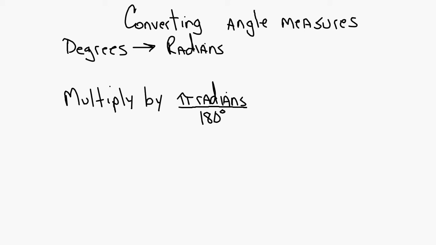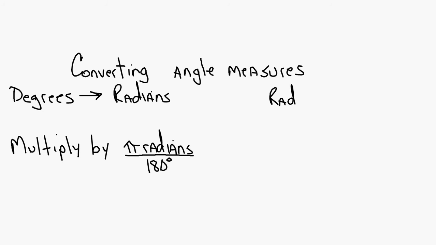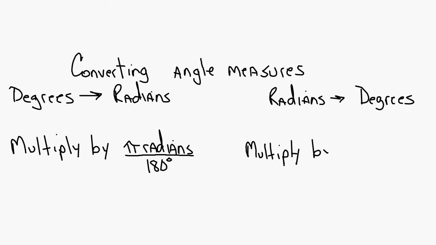That's your first conversion. So your other conversion would be from radians to degrees. And when you're going from radians to degrees, you're going to multiply by 180 degrees over pi radians.